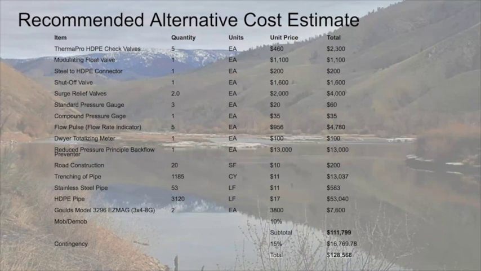Also, the Gould's Model 3296 Easy Mag pump was chosen here. We are going to be using 2 of these for redundancy, as mentioned earlier, and they are sized properly to handle the flow rates and pressures that we seek to achieve.